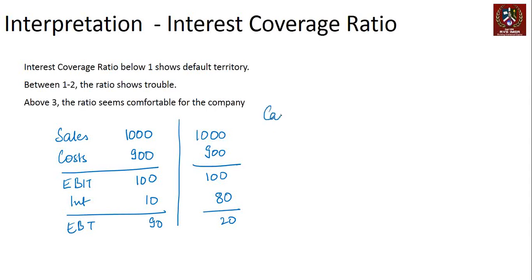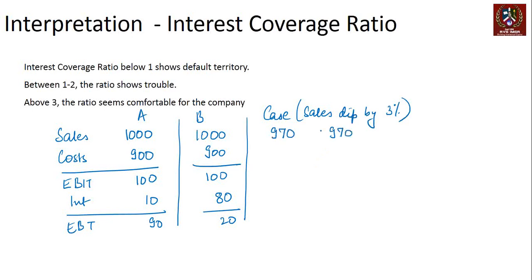So this is company A, this is company B, and I'm only going to look at company B. Let's say sales dip by 3%.